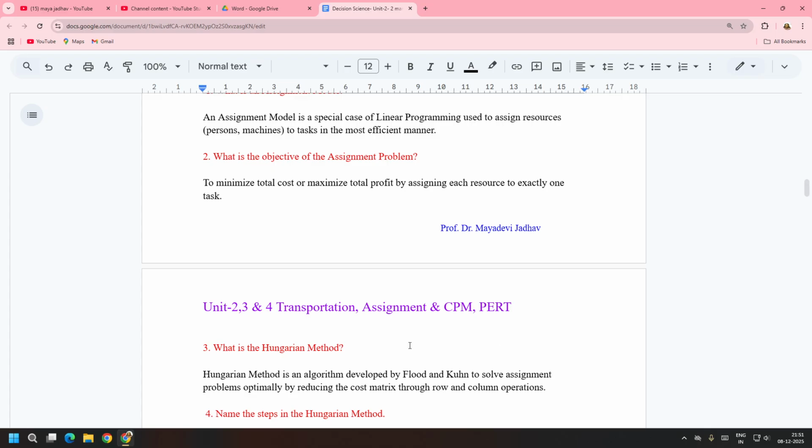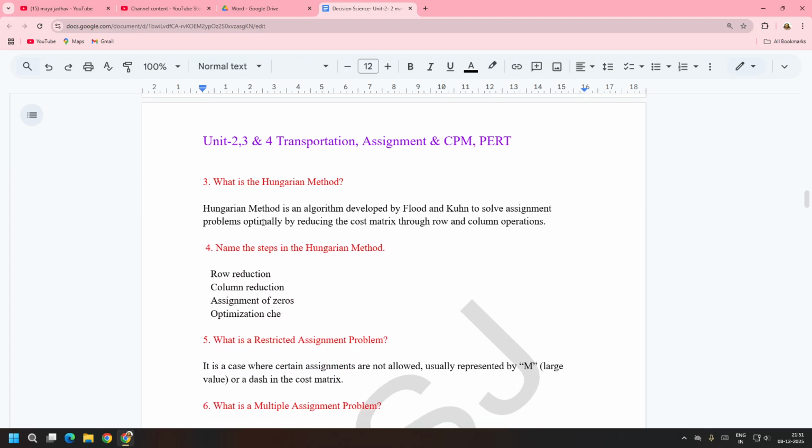What is Hungarian method? Hungarian method is an algorithm developed by Harold Kuhn to solve assignment problems optimally by reducing the cost matrix through row and column operations.